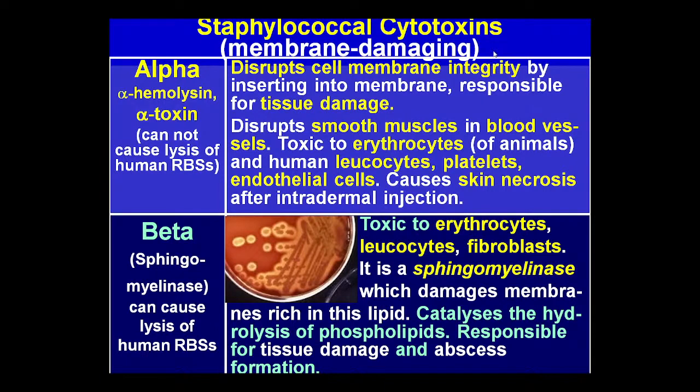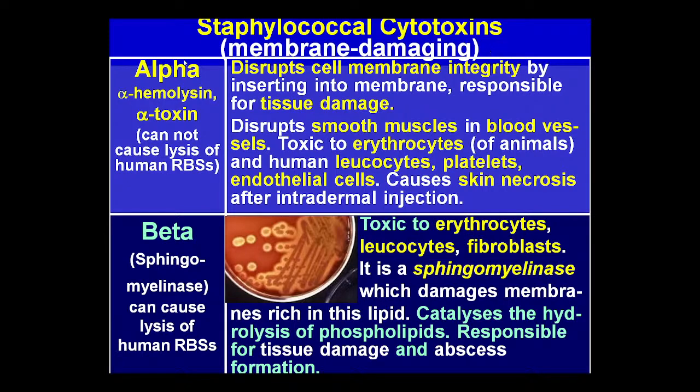They are not transmitted or engulfed by the cell. No, they act upon the cell membrane, not entering inside the human cell. But if the membrane is damaged, then of course the cell is going to die of osmotic lysis.